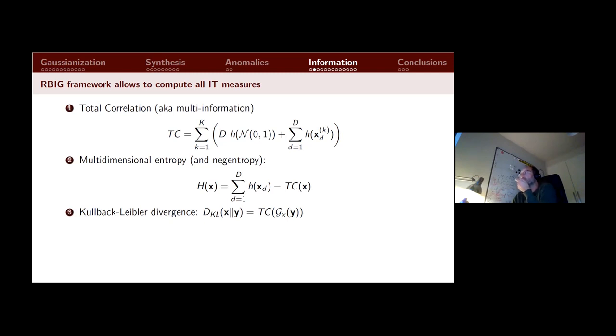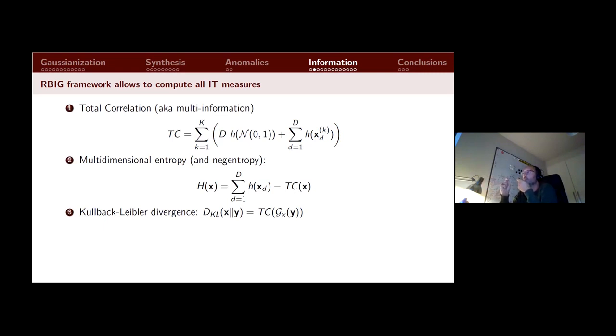The KL divergence between P of X and P of Y, and for this we basically need to estimate the non-Gaussianity, which is defined as the divergence of a particular distribution with regard to a Gaussian distribution.